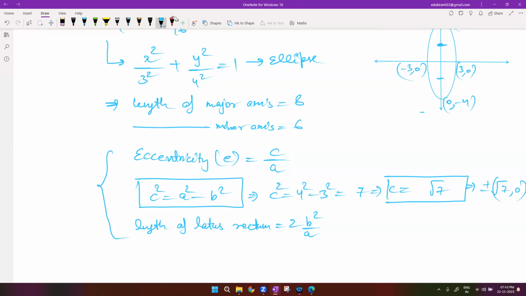And then eccentricity will be root 7 divided by a, which is 4. And the length of the latus rectum in this case will be twice b square, which is 9, divided by a, which is 4, so it should be 4.5 units.